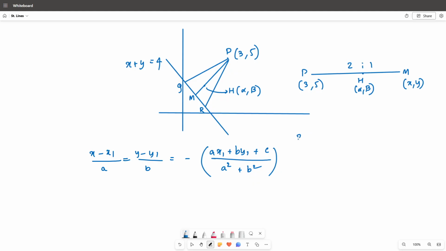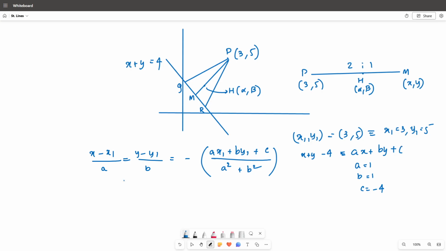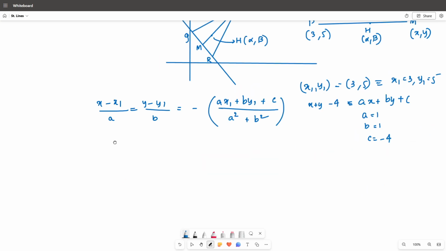So now x1 comma y1 is equal to 3 comma 5, that is the top point, and the equation, that is x plus y minus 4, represents the ax plus by plus c. So if I compare, a is equal to 1, b is equal to 1, but c equal to minus 4. From this, x1 equal to 3 and y1 equal to 5, and let's substitute all these values in the formula to find the point M, that is the foot of perpendicular.